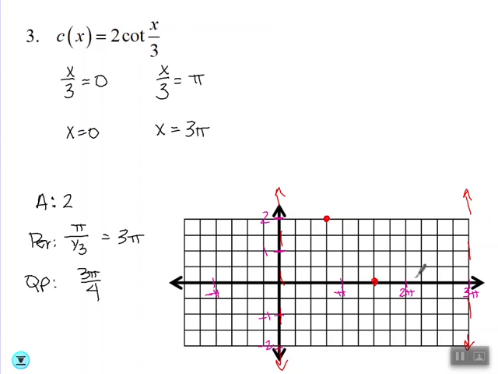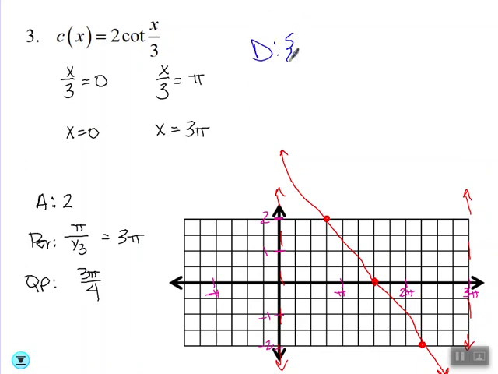The next point is going to be another 3 pi over 4 at 0. The next one is going to be 3 pi over 4 from there and at negative 2. Then we just connect the points in what is a rather wide curve this time. And that's our graph.